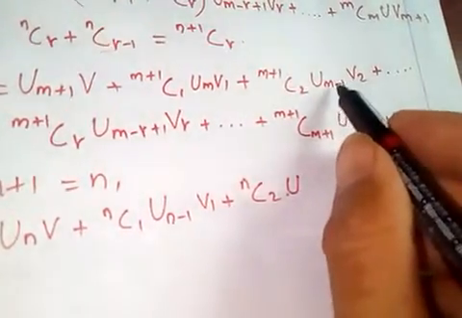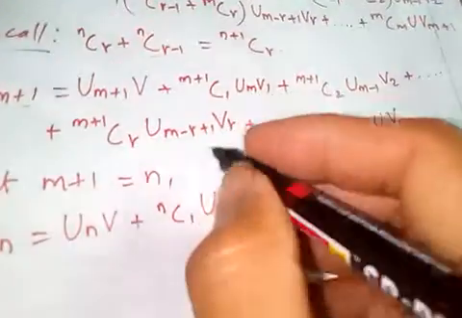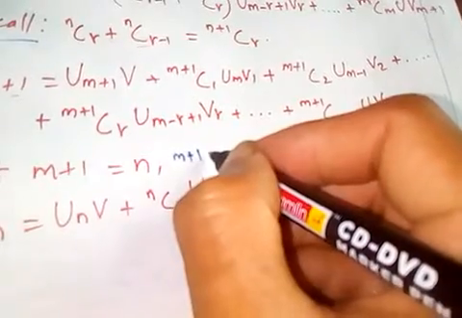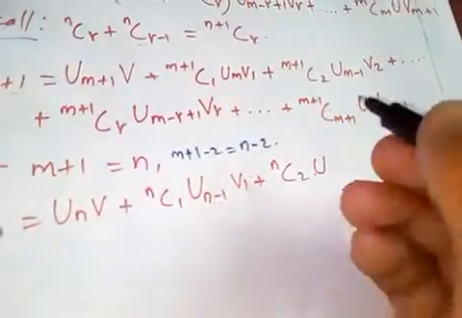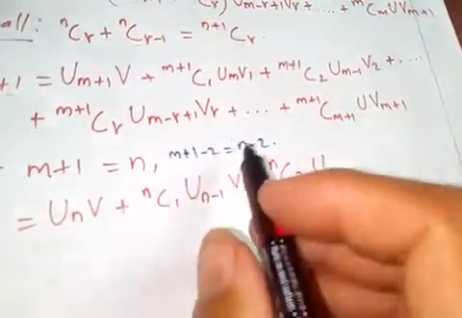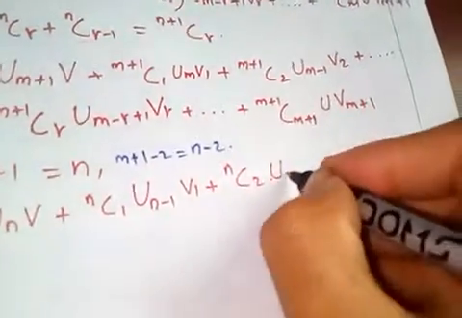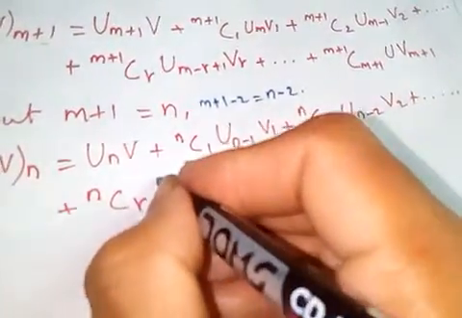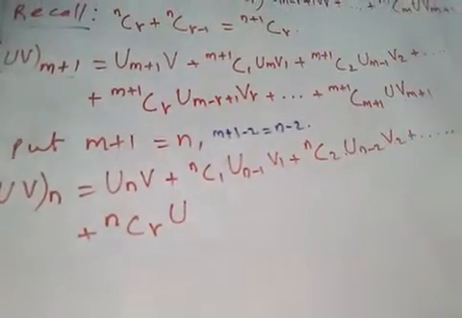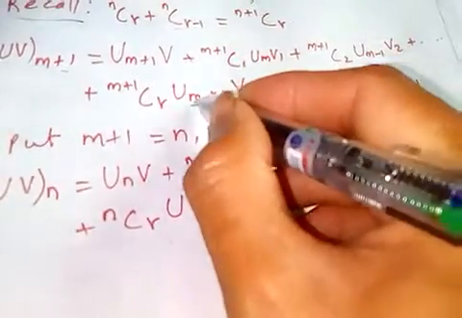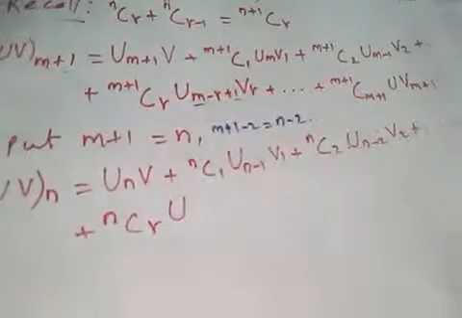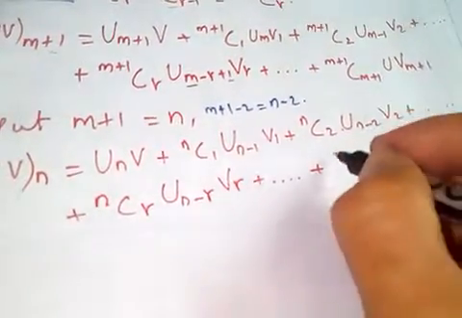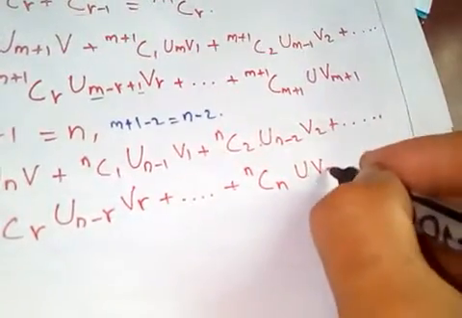In here we get what, u m minus 1, here m plus 1 is n, so m plus 1 minus 2, which is n minus 2, so m minus 1 is n minus 2, okay, which is n minus 2 v2 plus so on, plus nCr u, and in here since we put m plus 1 equal to n, okay, here I can take this and this one, m plus 1 minus r, which is what, m plus 1 is n, okay, minus r is left, so v r plus and so on, plus here nCn u v n.